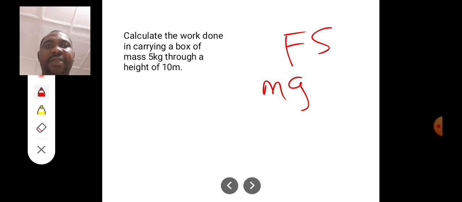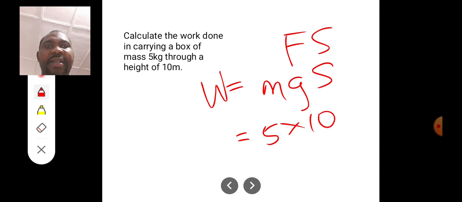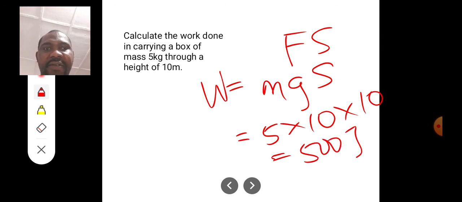So force is force of gravity, which is mg, mass times acceleration due to gravity. Then you have your s. So work done here is mgs. So the mass is 5, acceleration due to gravity is 10. The height, which is s now, the distance is also 10. So that is going to give us 500 joules. Okay, so that is what we do here.